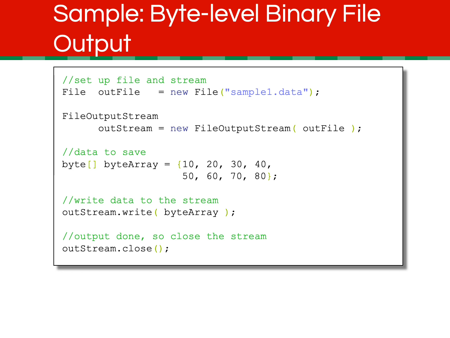After you have run this code, you can check whether the sample1.data file has been created. The data that we have here, which is the numbers 10, 20, 30, 40, up until 80, are being saved as bytes or binary. If you open the file, it is unreadable to us.